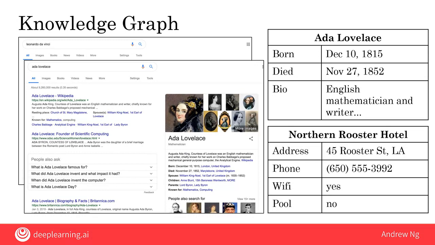Interestingly, even though knowledge graphs are creating a lot of economic value for multiple large companies at this point, this is one subject that is relatively little studied in academia. And so the number of research papers you see on knowledge graphs seems to be disproportionately small relative to their actual economic impact today. But depending on what industry vertical you work in, perhaps some of the techniques for building knowledge graphs will also be useful for building a big database of information about something relevant to your company.